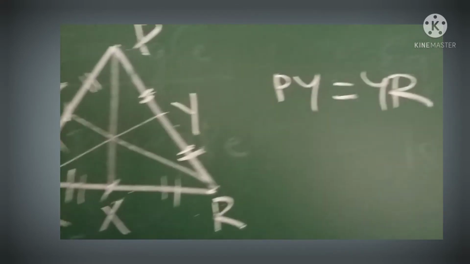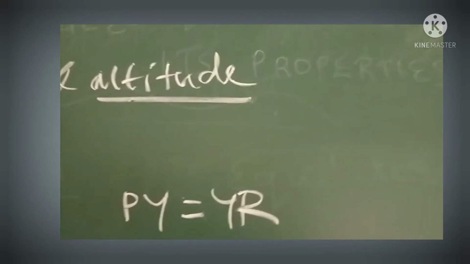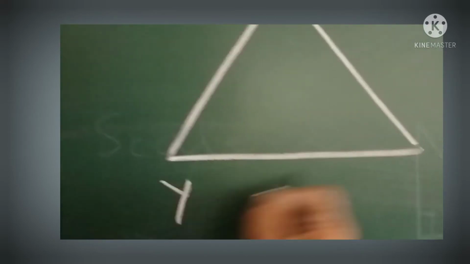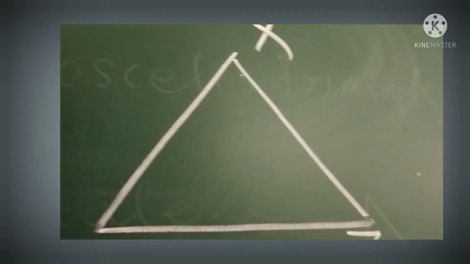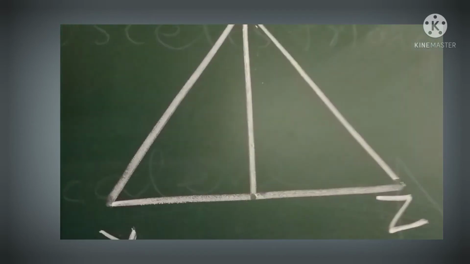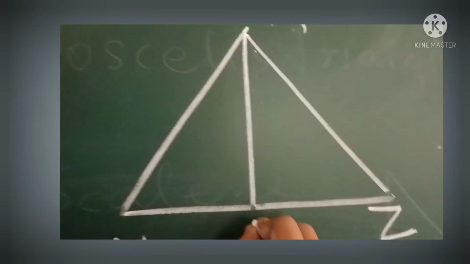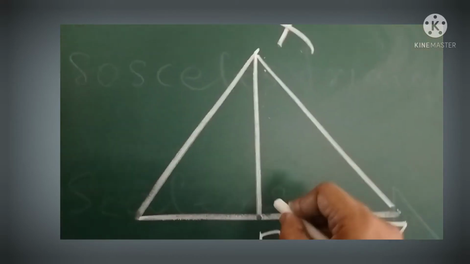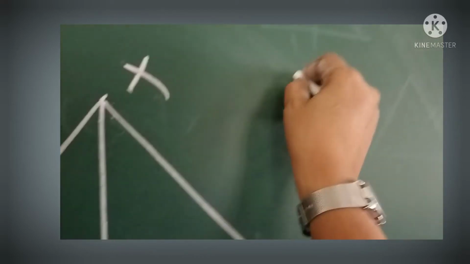Then next we can go to the altitude of a triangle. For that, let us draw another triangle. Let it be XYZ. Then draw a perpendicular from one vertex to the opposite side. Let it be XP, where XP is perpendicular to YZ.